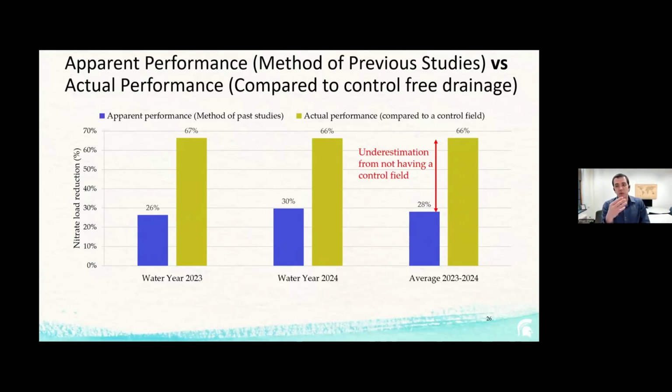One of the challenges of using the method we did is it's going to take double the time. If we were going to do a 3-year project with such a buffer with the previous method, you can do it in 3 years, but here you're going to need 6, and you're going to have to monitor another field.